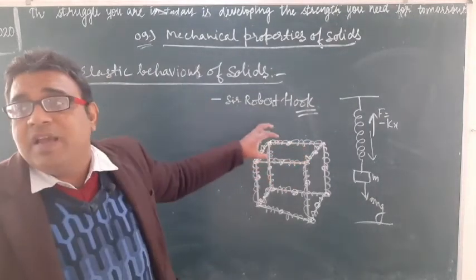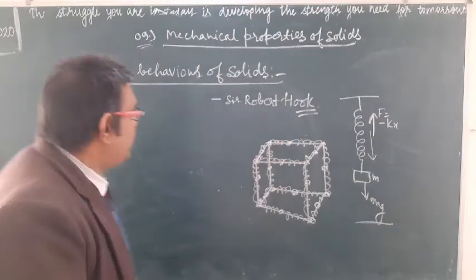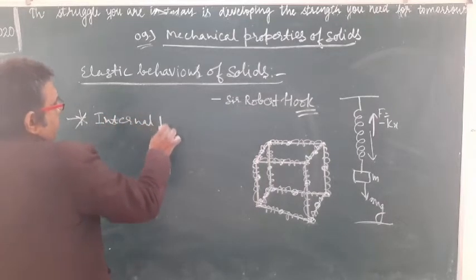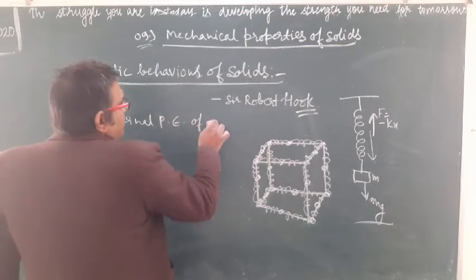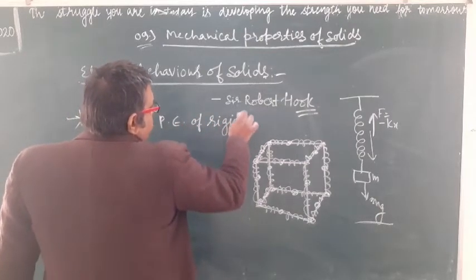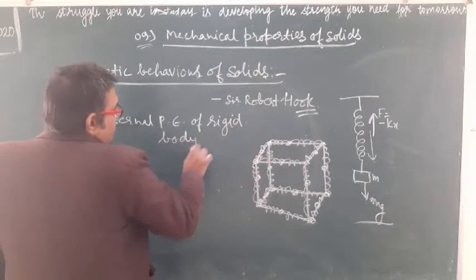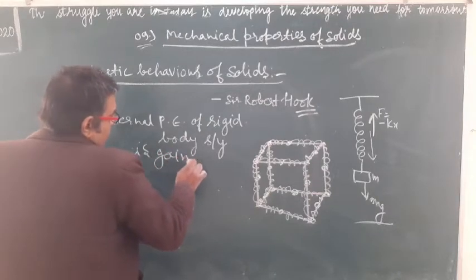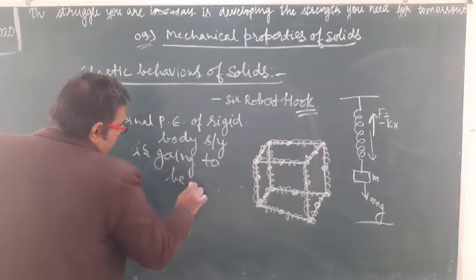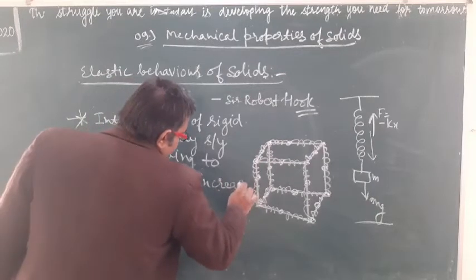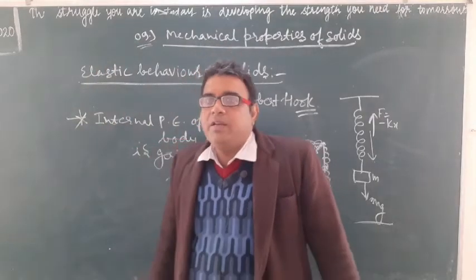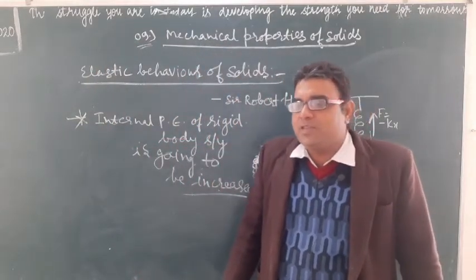But as we apply the external force, the internal potential energy of the rigid body system is going to be increased. Internal energy is going to be increased, and the body tries to maintain its stable state.